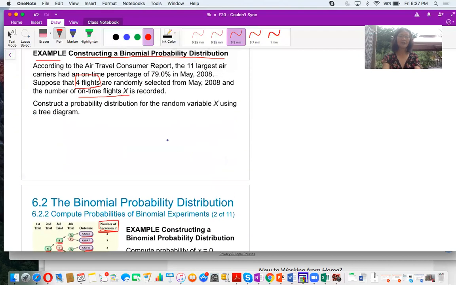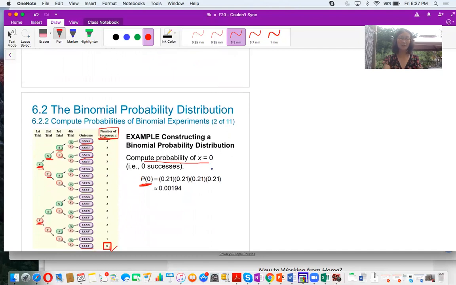It is said the probability of on time is 79%, so that means not on time is 1 minus 0.79. 79% is on time. Not on time is 21%.